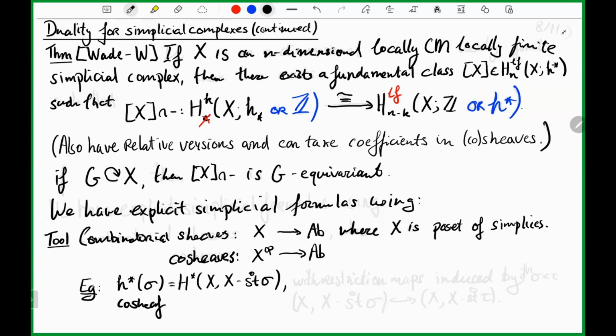Okay, as an example, you can build a local homology co-sheaf by just taking the homology of X relative to the complement of the open star of whatever simplex you want to evaluate.